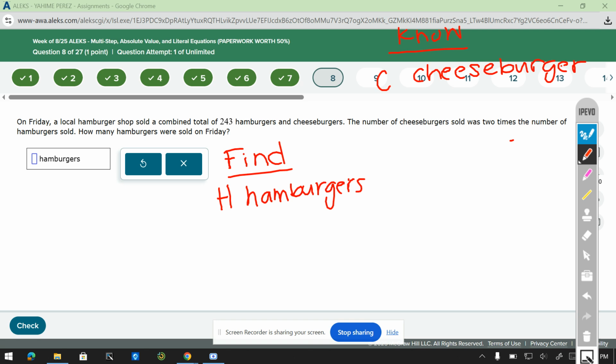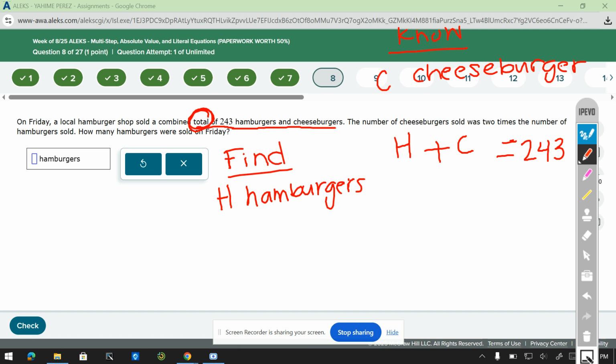So on Friday, a local hamburger shop sold a combined total of 243 hamburgers and cheeseburgers, right? So whenever we see the word total, it means we are adding two things that have a sum of that number. So in this case, we're adding hamburgers and cheeseburgers, and we have a total, a sum of 243.